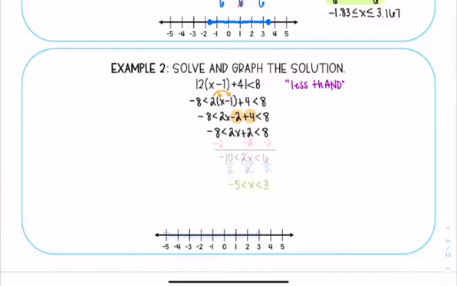The first step is we want to subtract 2 from all sides. And in the middle, it's going to cancel. We get negative 10 is less than 2x, which is less than 6. And the last thing we can do is divide everything by 2.